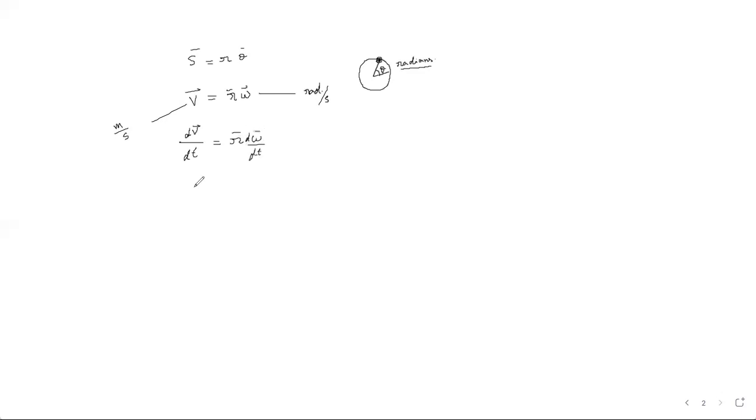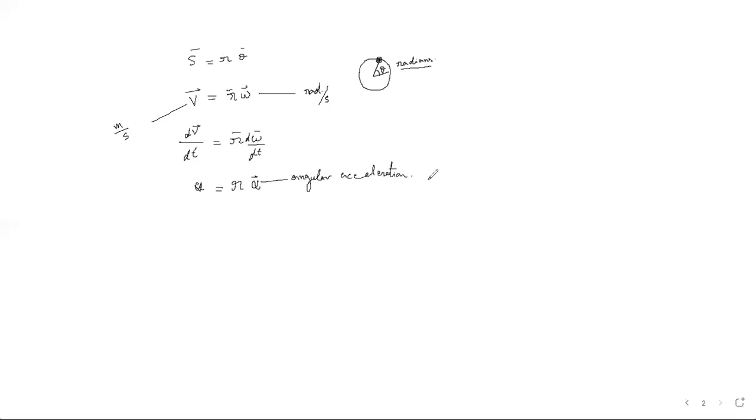So then we have acceleration. Rate of change of velocity is acceleration, and this acceleration a is equal to r times alpha, and alpha is again this angular acceleration. Okay, understand? Very good. Angular acceleration.